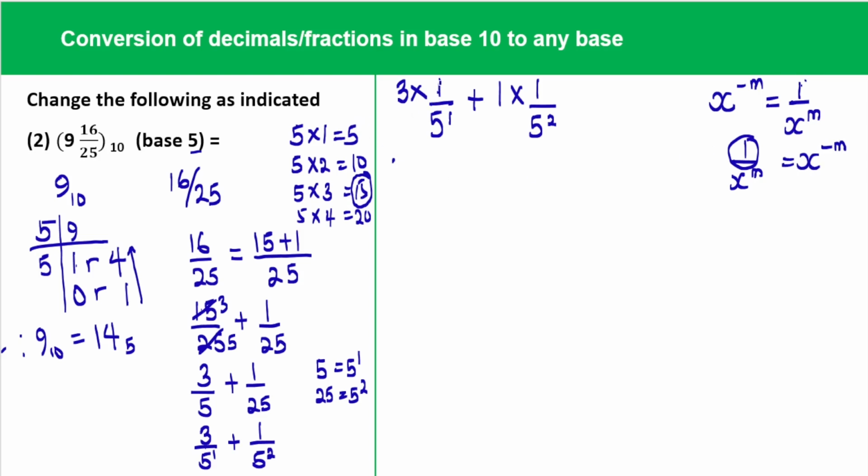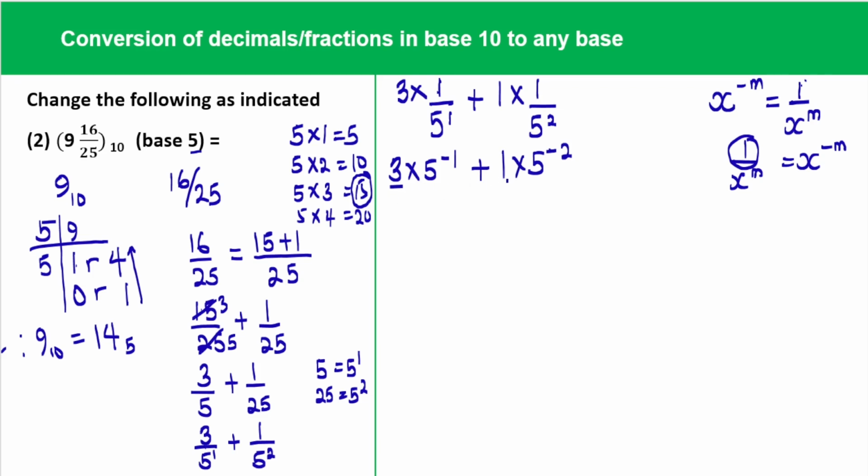The same thing here, 1 over, we change it back to minus. The minus will be in front of this power 1. Therefore, we're going to have 3 times 5 to the power of negative 1, plus 1 times, again here, 1 over will be changed to minus. So we have 5 to the power of negative 2.